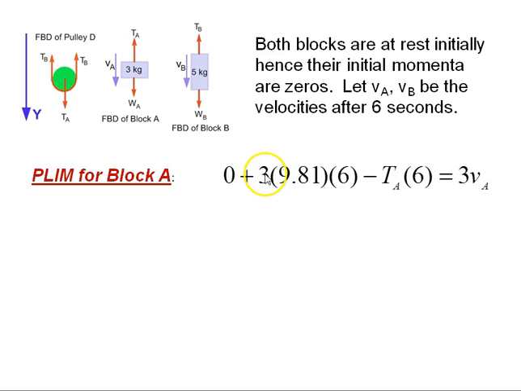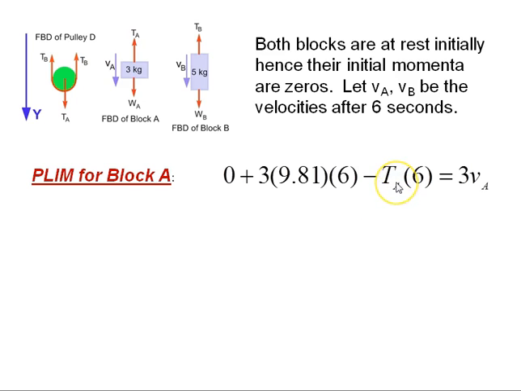One is the weight of the block, second is the tension TA. Weight of the block is 3 times 9.81, and this constant weight is acting for a period of 6. T2 minus T1 is 6 here, T2 is 6 seconds, T1 is 0. So impulse contributed by the weight is 3 times 9.81 multiplied by 6.